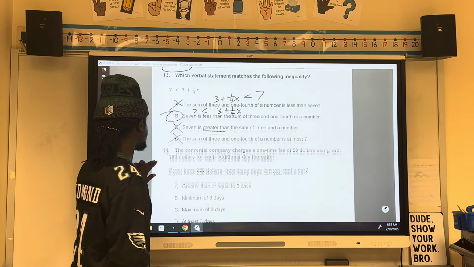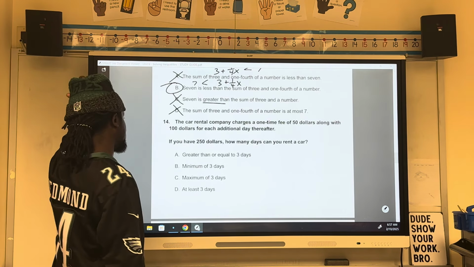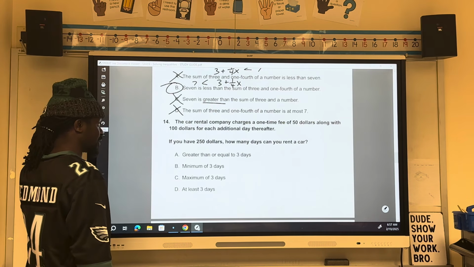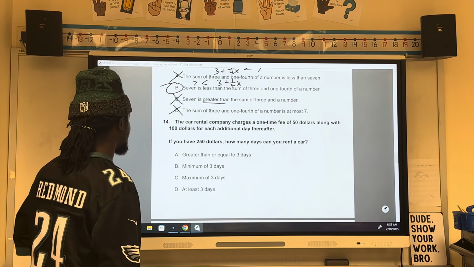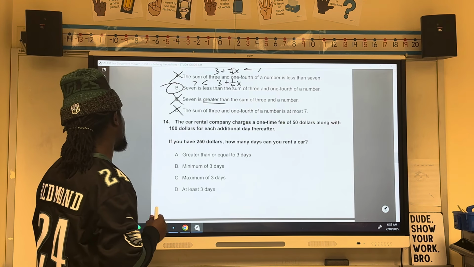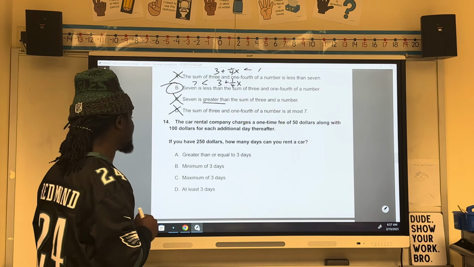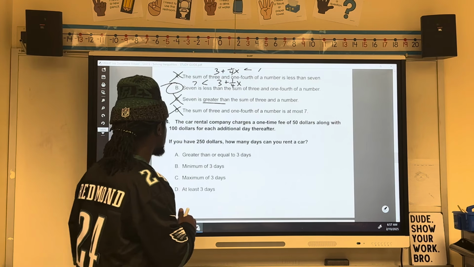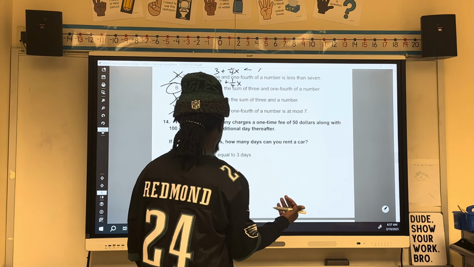All right. The car rental company charges a one-time fee of $50 along with $100 for each additional day thereafter. If you have $250, how many days can you rent a car? So we got to write an inequality from the word problem.